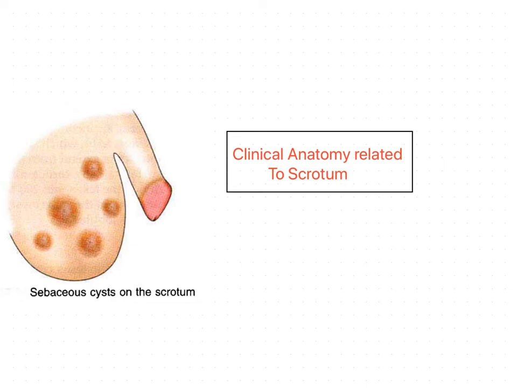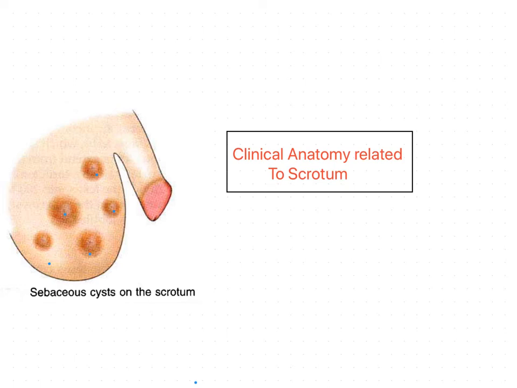Abundance of hair and sebaceous glands also makes it a site of sebaceous cysts, which you can see here. As the scrotum is supplied by widely separated dermatomes, L1 and S3, spinal anesthesia of the whole scrotum is difficult to achieve.